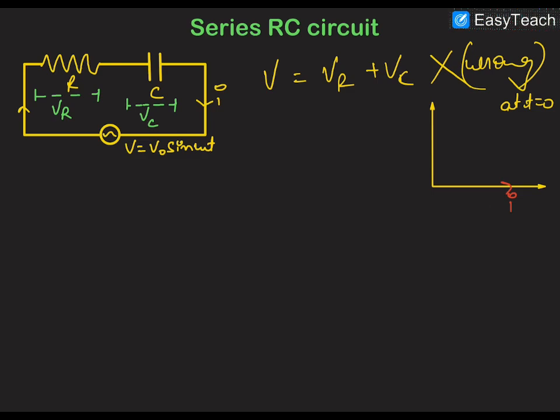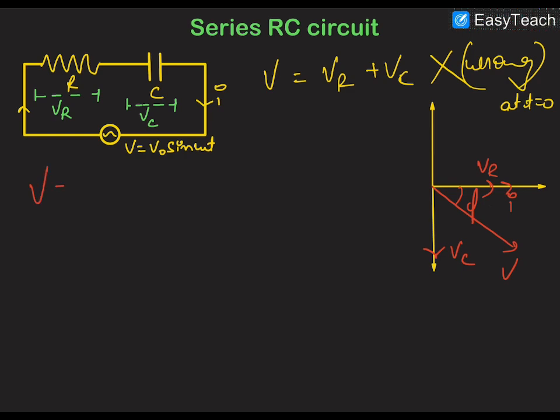So if current is on the x-axis, then the voltage across the capacitor, which is VC, will be drawn on the negative y-axis. This is VC, and VR will be drawn along the x-axis. The resultant voltage V will be this, and this angle will be phi.